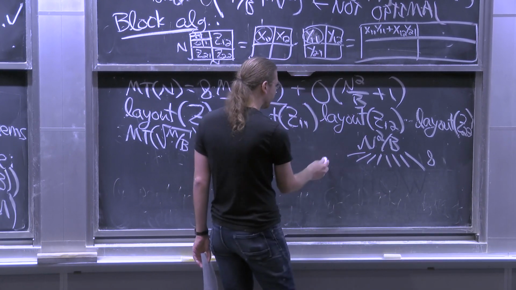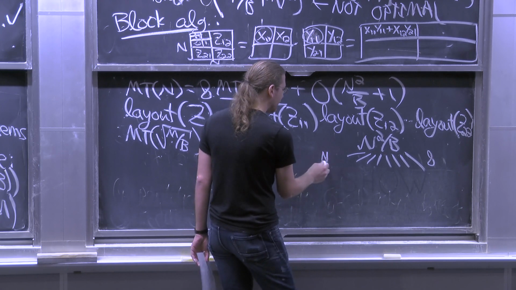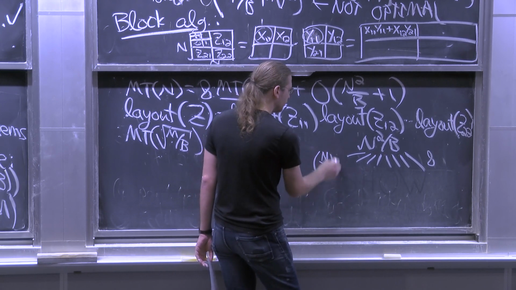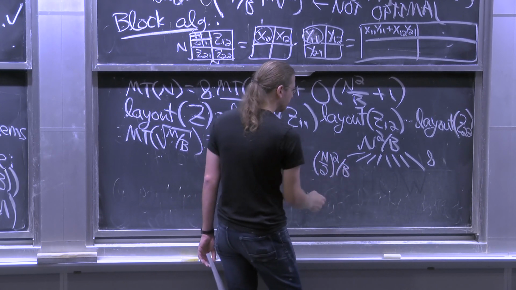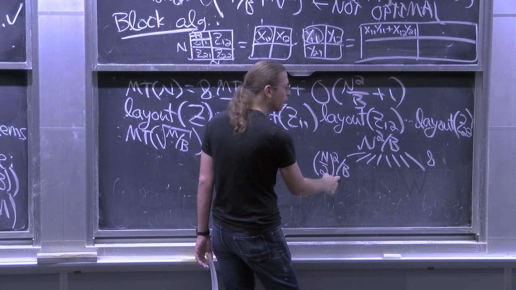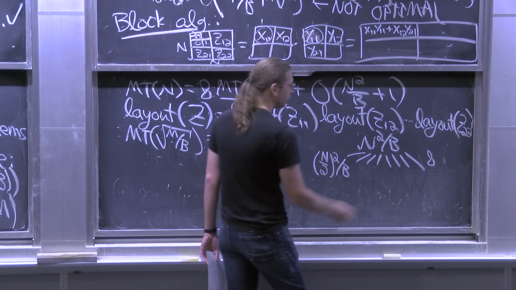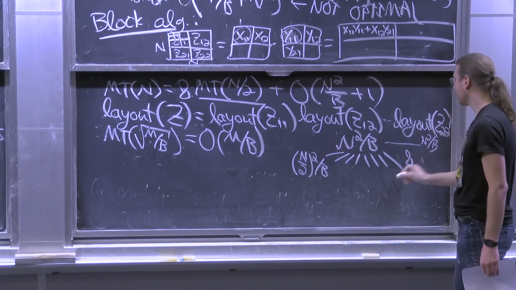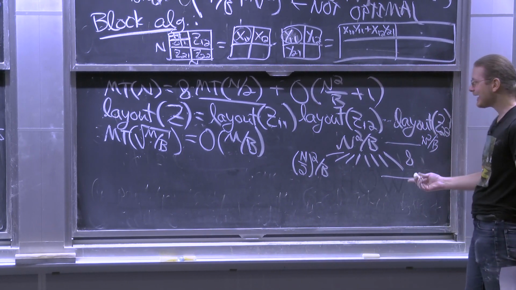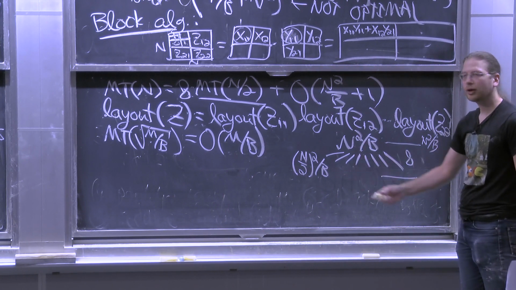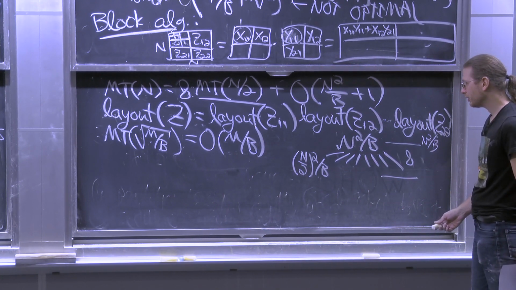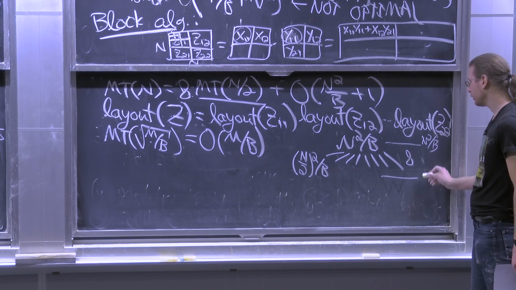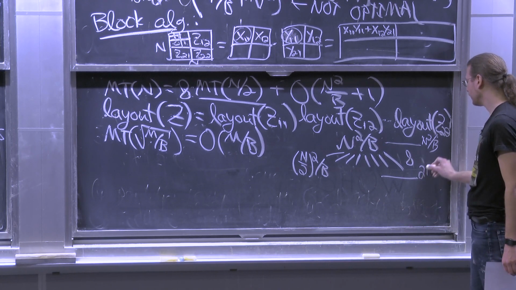And the recursive calls are to something of size n over 2 squared over B, also known as n squared over 4B. Okay, so if I add up everything on this level, I get n squared over B. If I add up everything on this level, I'm going to get 8 times n squared over 4B. Is that right? Yeah, so 2 times n squared over B.